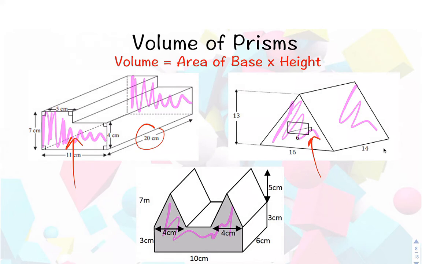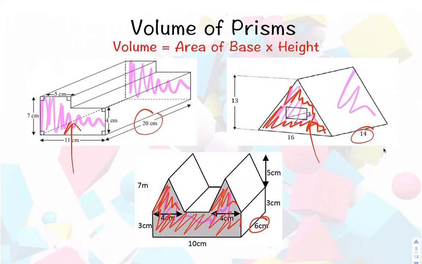This has a hole taken out of it, right? It's hollow in the middle. So I would just take the area of this triangle minus that rectangle and then multiply it by this 14. Or in this case, I could take the area of this triangle plus the area of this triangle plus the area of this rectangle, add those up, and multiply that total by that 6. Okay, so that's how I could go and find the volume of these composites.